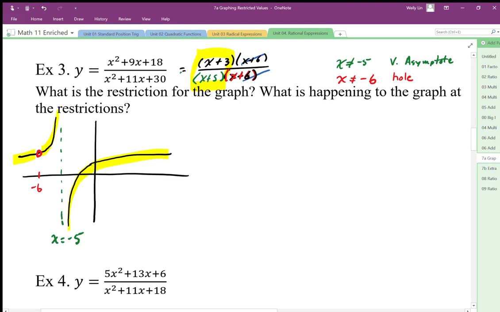So this is something we can generalize. I'm going to write this out. When factors cancel, we get a hole in the graph.